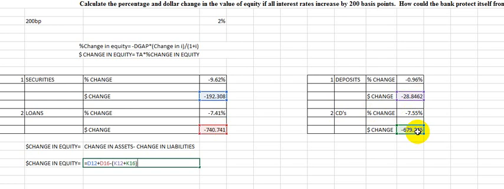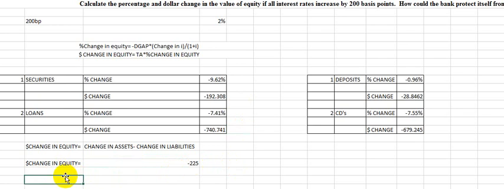So the total change in equity in dollars is negative $225. Now the percentage change in equity will be equal to the dollar change divided by the total assets.